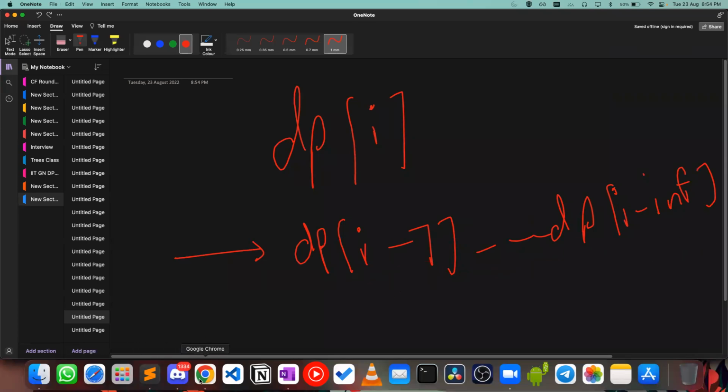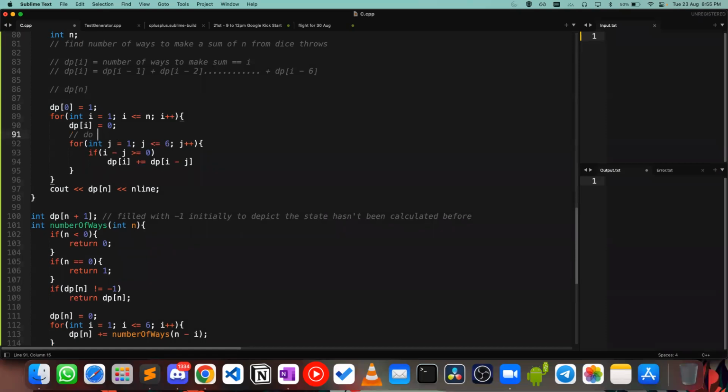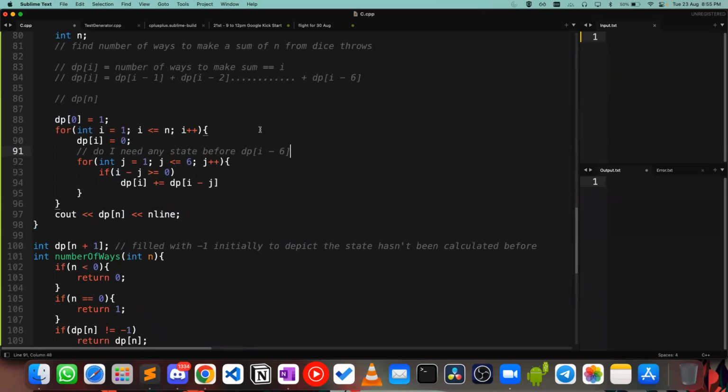So in order to evaluate DP of I, do I need any state before DP of I minus 6? If I'm calculating DP of I, will I ever need any state before I minus 6? I will not need it. So can I release that memory? I can, right? I don't care about that memory now.